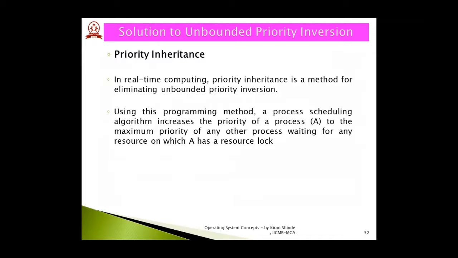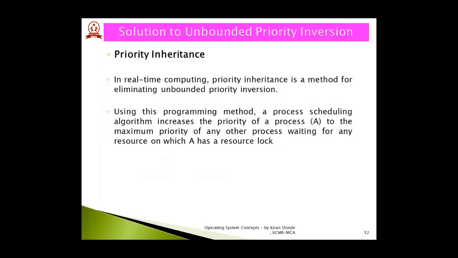In real-time computing, priority inheritance is a method for eliminating the unbounded priority inversion problem. Using this programming method, a process scheduling algorithm increases the priority of a process to the maximum priority of any other process waiting for any resource on which A has a resource lock.